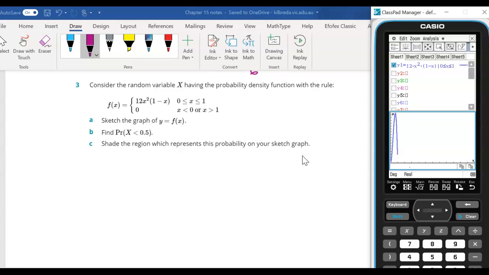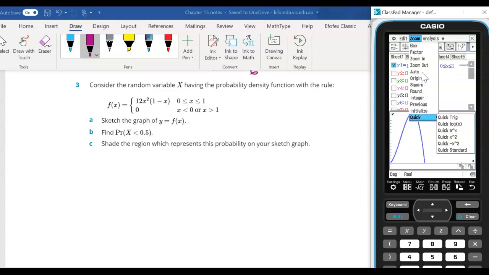I'll just make sure I've put it in correctly: 12x squared, 1 minus x, and we're going from 0 to 1. I was just playing around with the zoom to see it a little bit better. So when you do your graphs, I would play around with these.